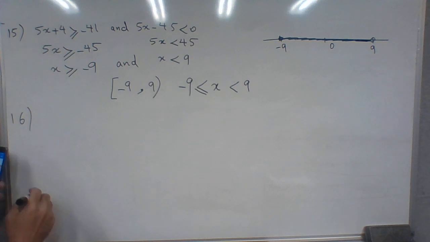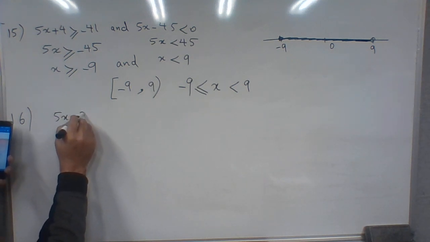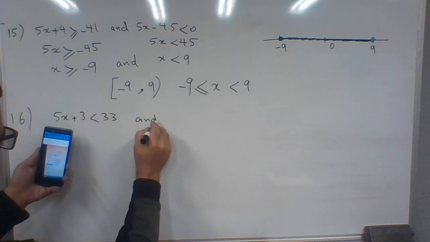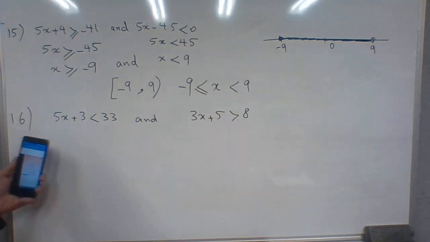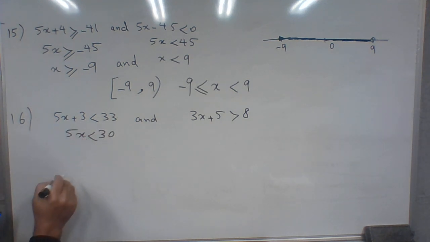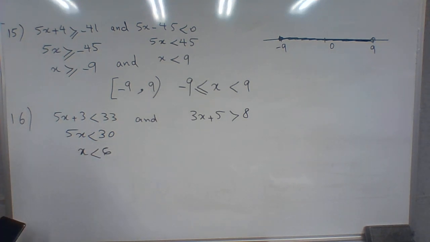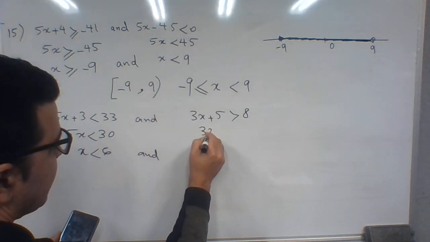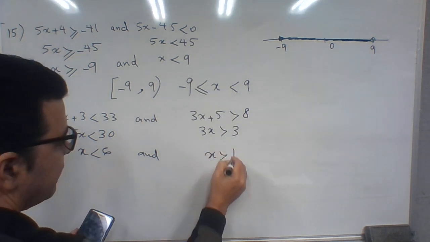So same kind of question with different numbers. 5x plus 3 less than 33, and 3x plus 5 greater than 8. So subtract 3, 5x less than 30, divide by 5, x less than 6, and 3x, subtract 5, greater than 3, divide by 3, x greater than 1.